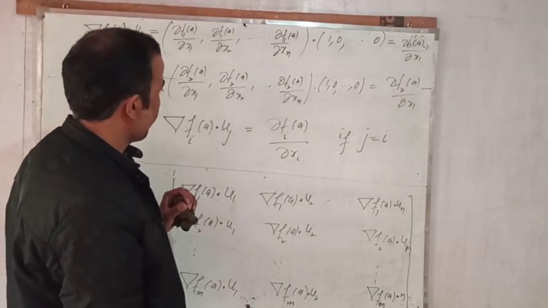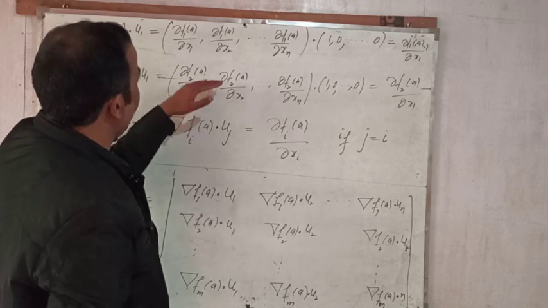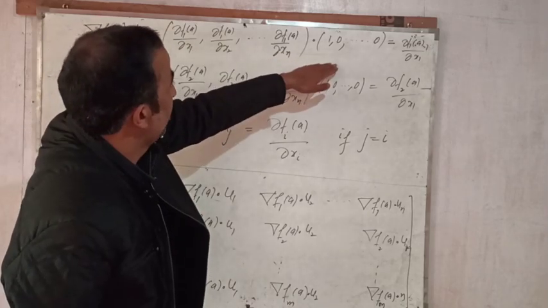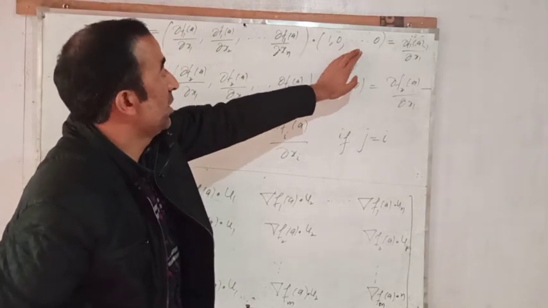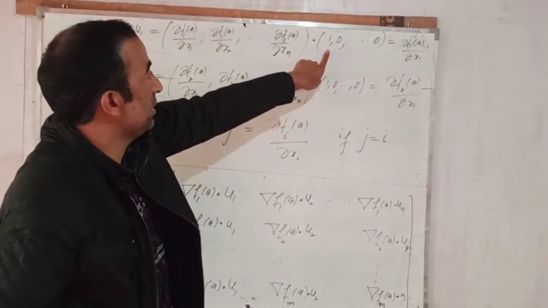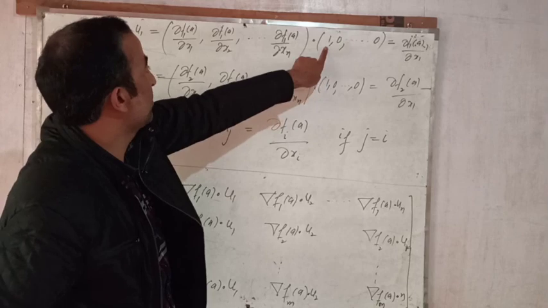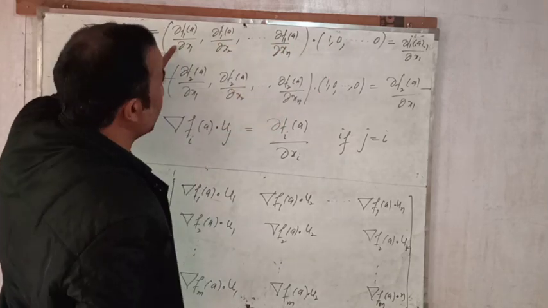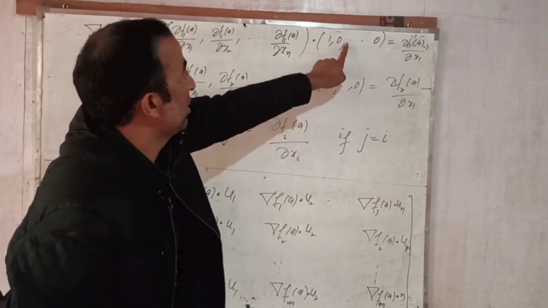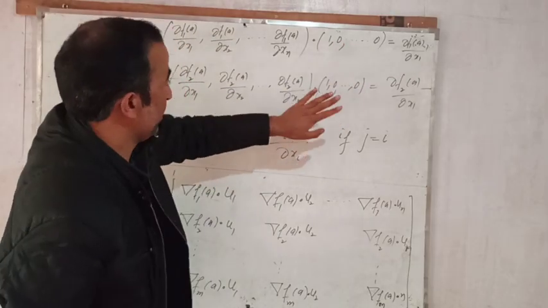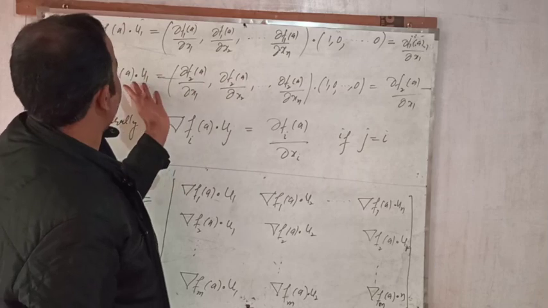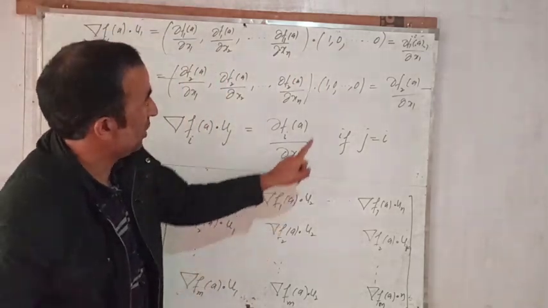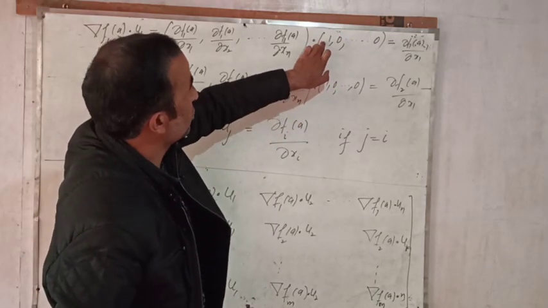If we take the dot of these two, this matters. Here you have 1 in the first place, so it is the partial derivative with respect to the first variable. If you take the second vector, you will have 0, 1 and so on.